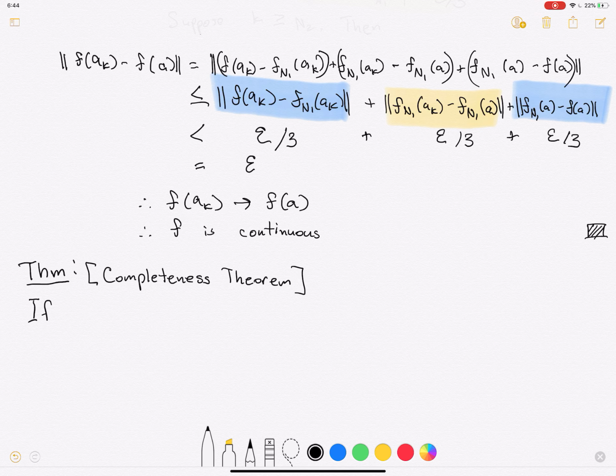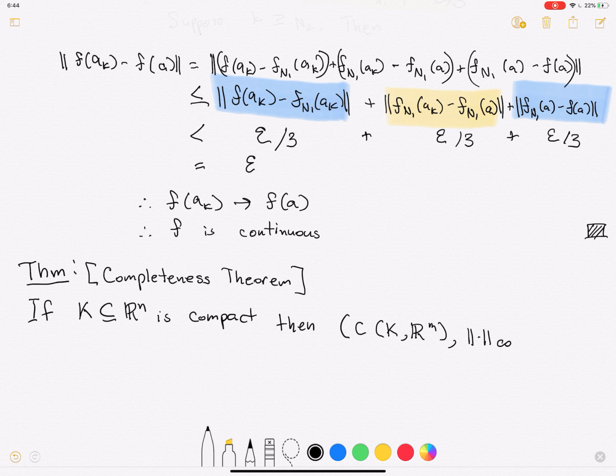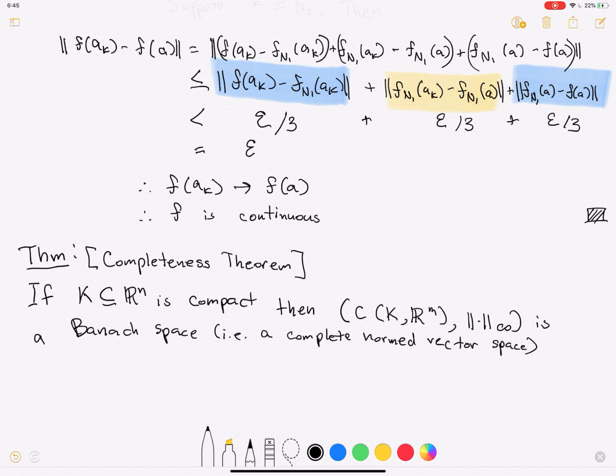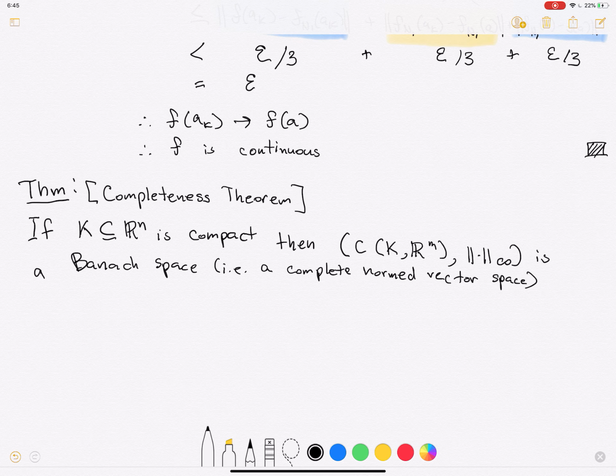Well, if K is a subset of R^n and it's compact, then the pair of the continuous functions from that K to R^m equipped with the infinity norm is a Banach space, i.e. a complete normed vector space, where completeness means that every Cauchy sequence converges to a point inside of the set.